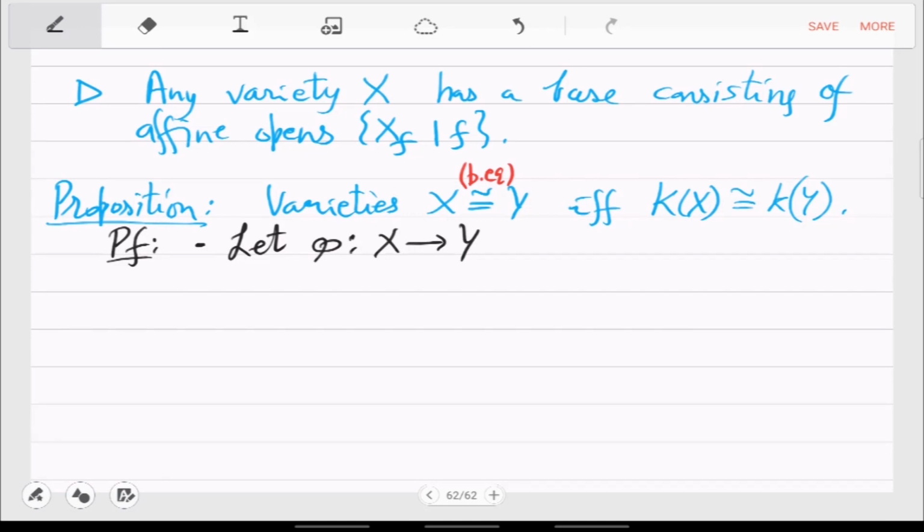So let phi be the birational map. This and its inverse both are rational maps.